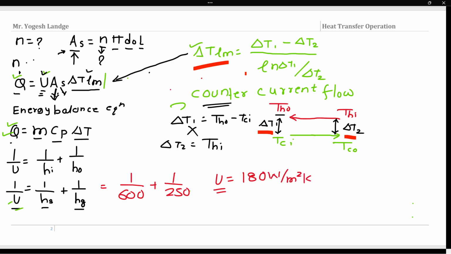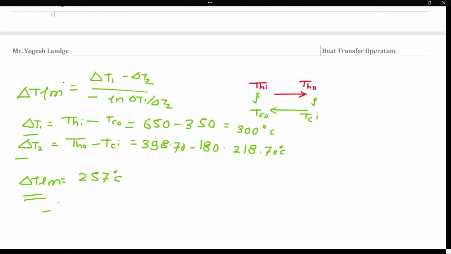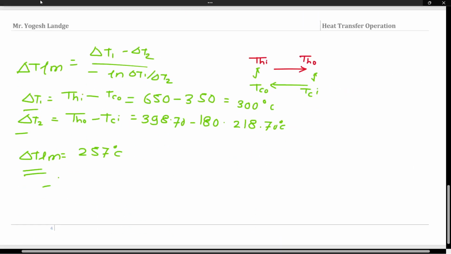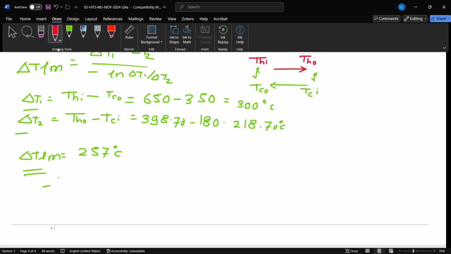This is my third step. It means I got a value of Q, I got a value of U, and I got a value of delta TLM. Put all these values, Q, U, and delta TLM, here, and we get the number of tubes. So we can write a formula again and put in those values.